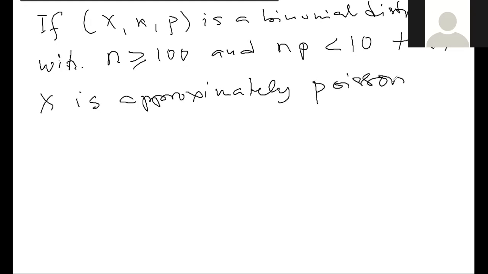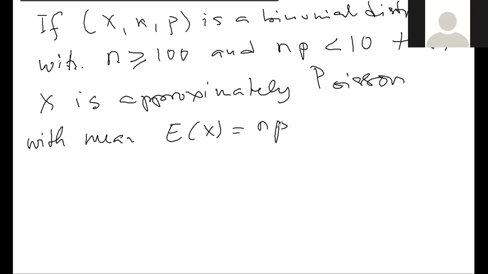Poisson is the name of somebody, so we write it with a capital letter. It's approximately Poisson with mean E of x equals np.